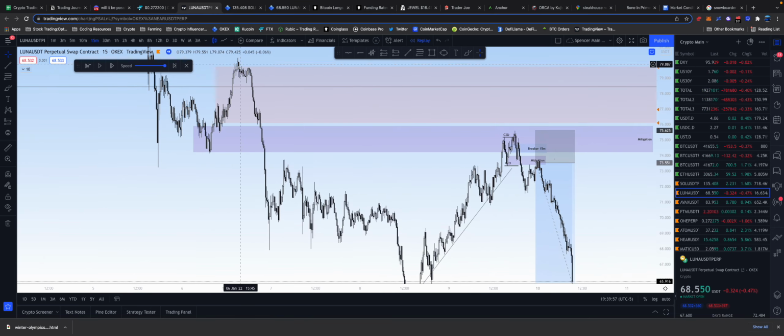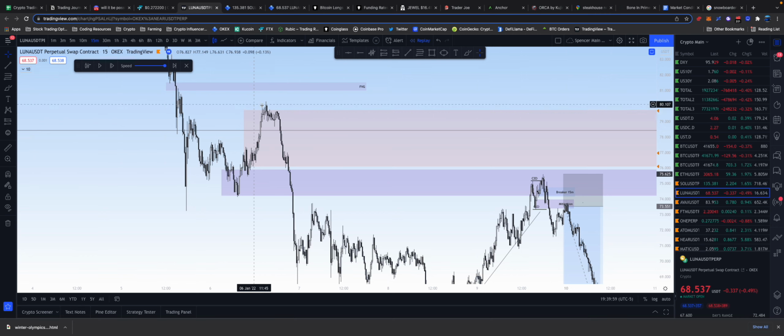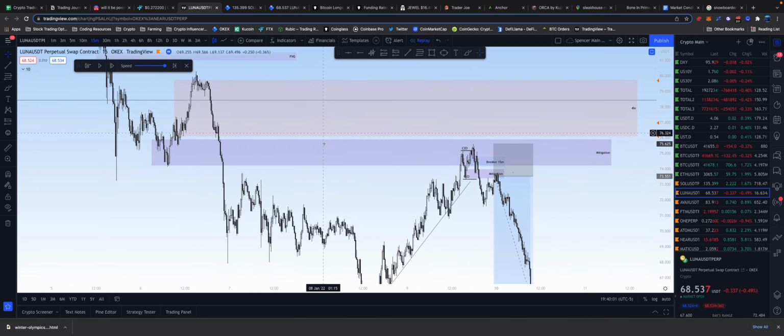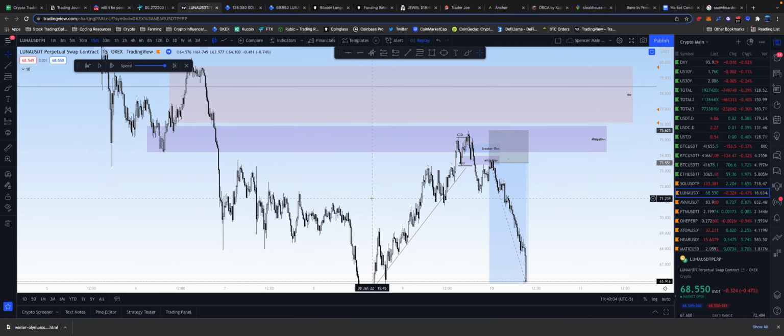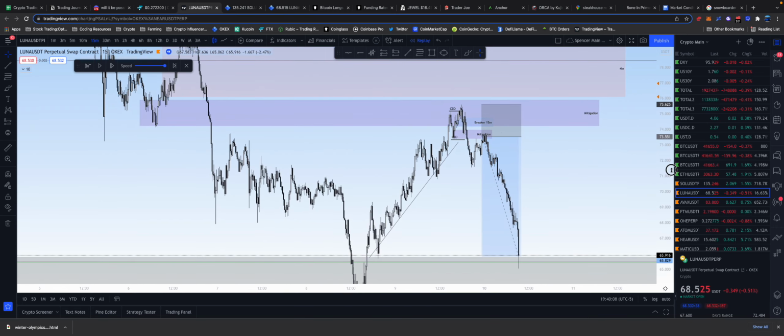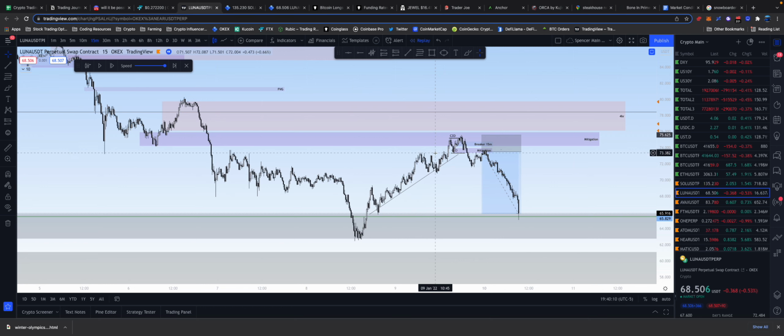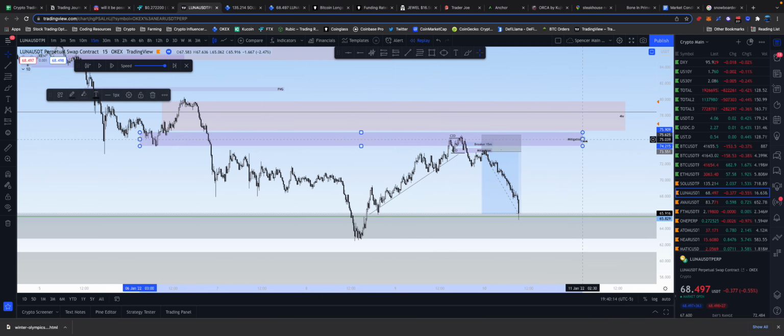And price ended up coming up here, hitting another supply area and just rejecting back down. Now, when that happens, you have people underwater that maybe have a higher risk tolerance that can just hold on longer, hoping to mitigate at some area on the rebound, on the bounce back. And that's why you get these mitigation blocks. That's why you get these supply zones, is just people being underwater.